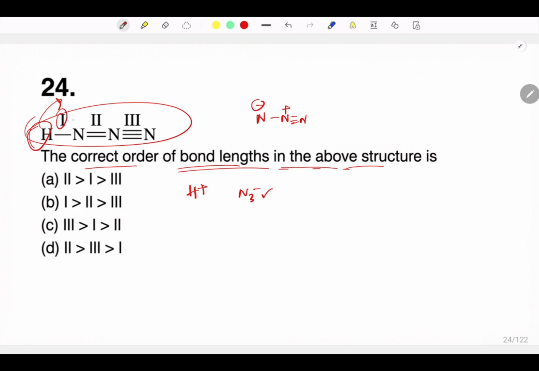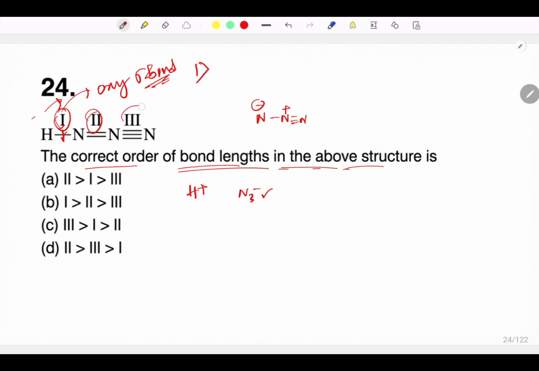The first bond, this sigma bond, has the highest bond length, because it is easy to dissociate, since it has only sigma bond character. So bond 1 is the longest bond.